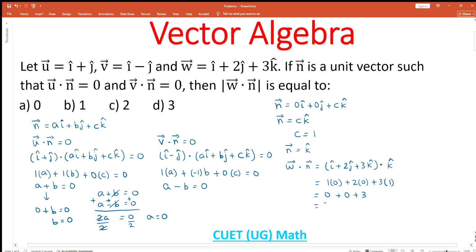So I get 3. So the dot product of vectors w and n is 3. Therefore, the magnitude of the dot product of vectors w and n is equal to 3. This should be the final answer for this problem. So the answer should be option D.